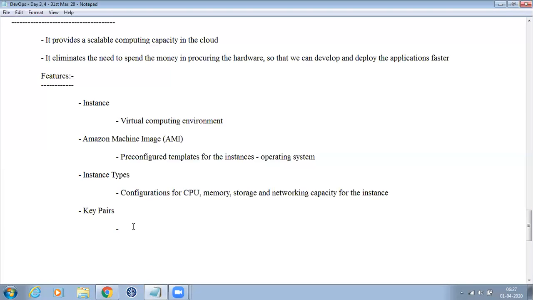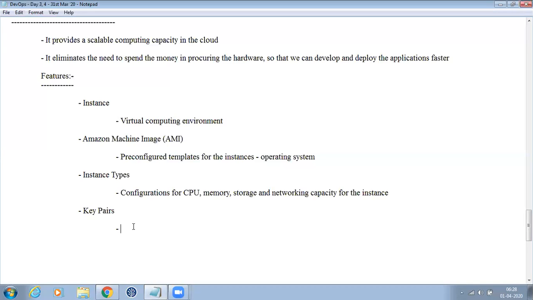They have to give their username and password, then only it will allow. So how important a password is to log into a particular application? Similarly here in the AWS cloud, they call it a key pair. Key pair you can compare with your password, as simple as that.